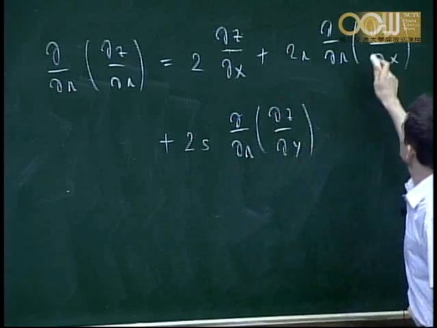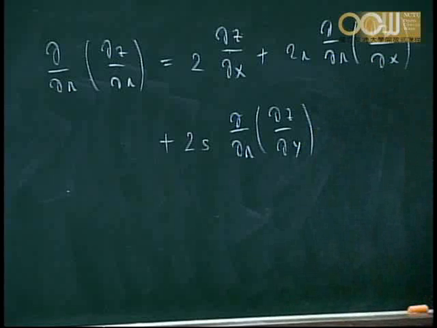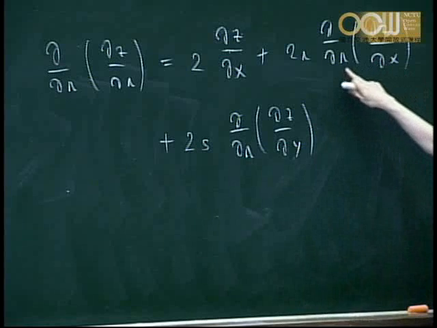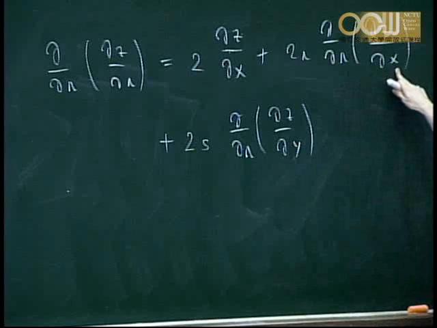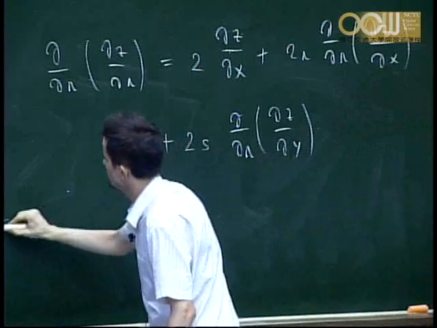For those two, we have to use the chain rule again, because this is a function of r and s, two variables. We compute the partial derivative with respect to r. Again, we have two intermediate variables, x and y, so we have to use the chain rule here once more.